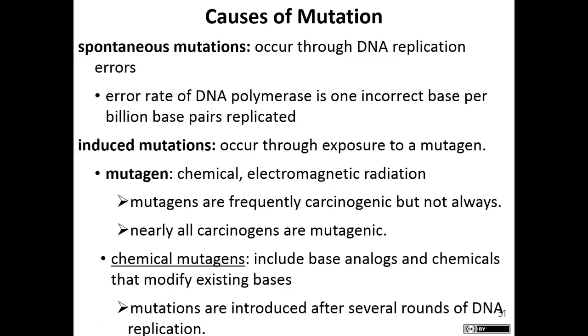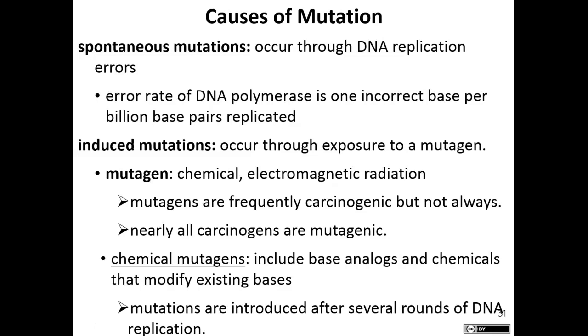Induced mutations occur when a mutagen of some sort stimulates the change. A lot of times mutagens can also be considered carcinogens. Not always, but carcinogens are cancer-causing materials, and almost all carcinogens are also known as mutagens.